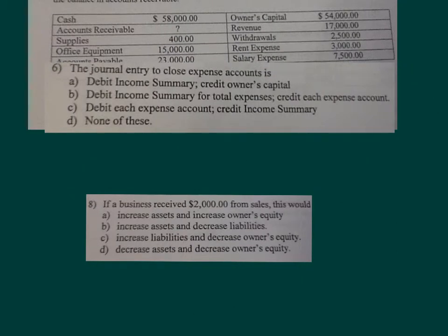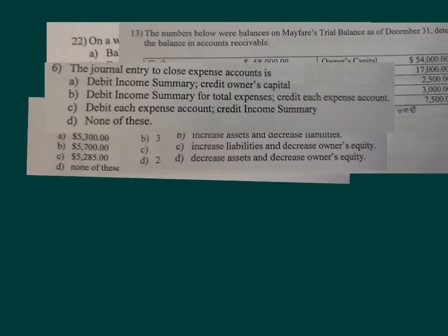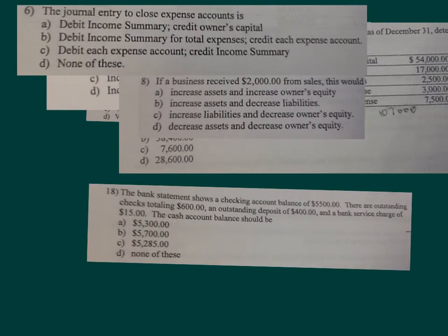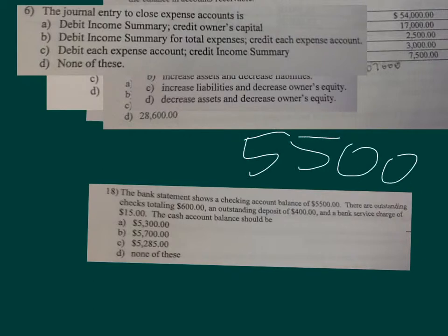So now we're moving on to number 18, which I thought I had, but apparently I don't. It says the bank statement shows checking account of $5,500. There are outstanding checks totaling $600.